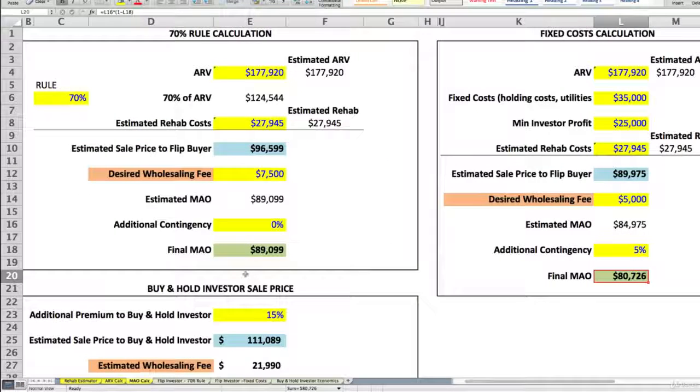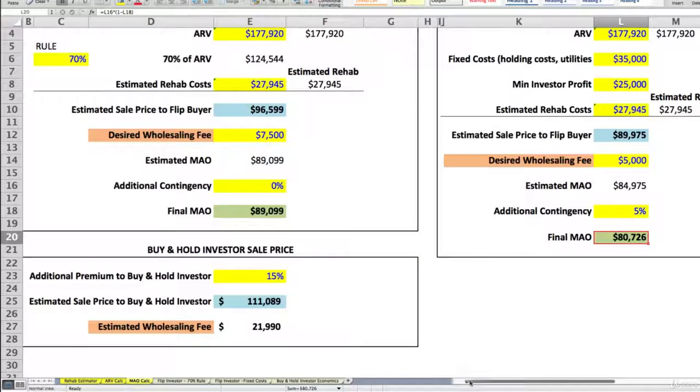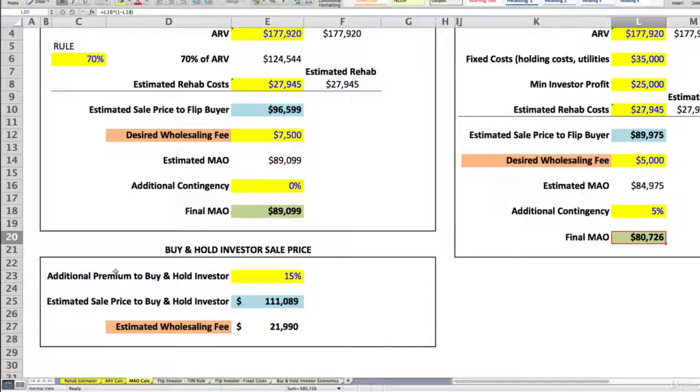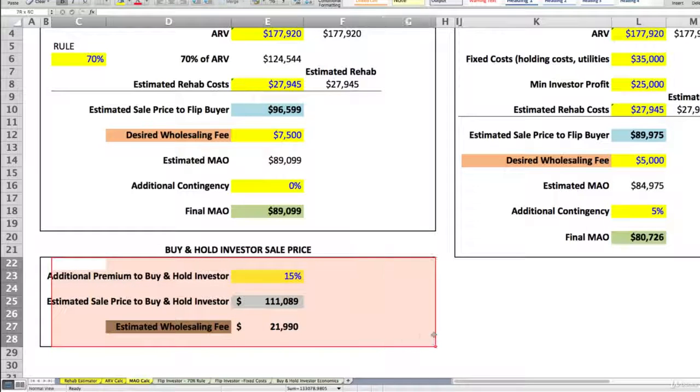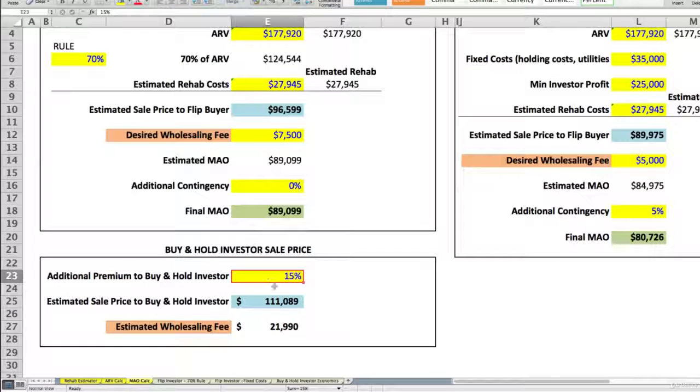Now, this last part is about selling to a buy and hold investor. Buy and hold investors tend to be willing to pay a little bit more, and this calculator is very simple. Compared to selling to a flip investor, a buy and hold investor would be willing to pay maybe 10 to 15% more.